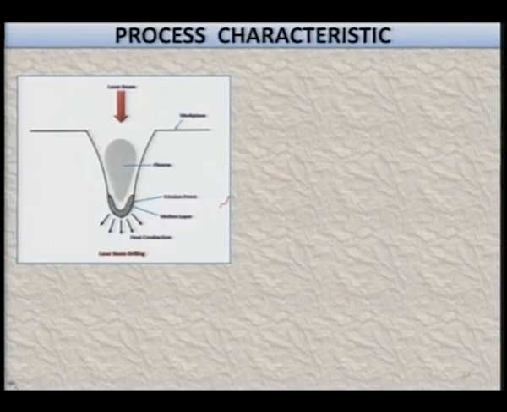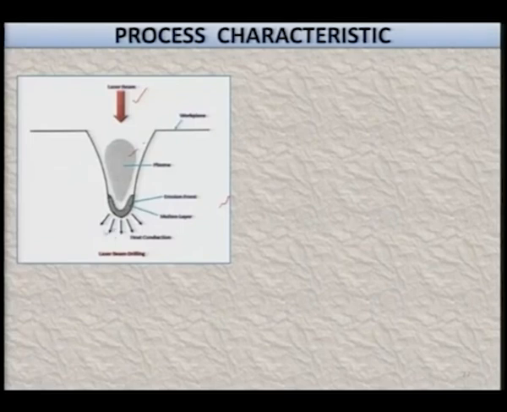You can clearly see there is a laser beam, and when it is removing the material, plasma is being formed in the cavity, and then you have the erosion front or the molten material, which later on in many ways gets redeposited on the machined wall, and that is known as the recast layer.